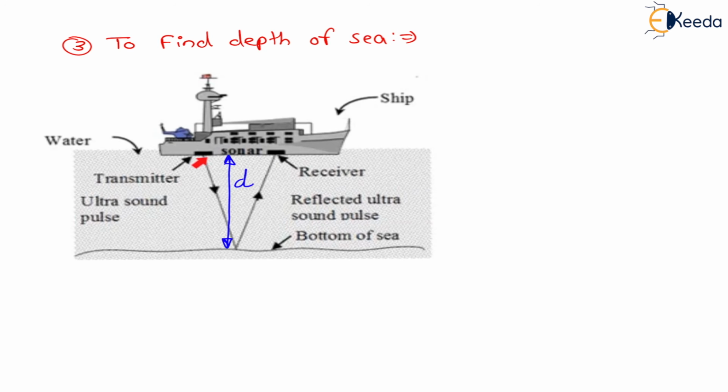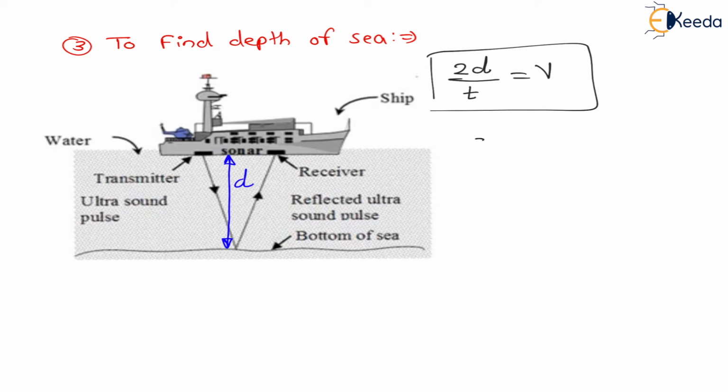Here the distance traveled is d, then coming back the distance traveled is d, which means the total distance traveled is 2d. To travel this total distance the time taken is t, and the velocity is the velocity of sound, which is the velocity of this ultrasonic sound, right? Velocity is distance traveled divided by time taken.